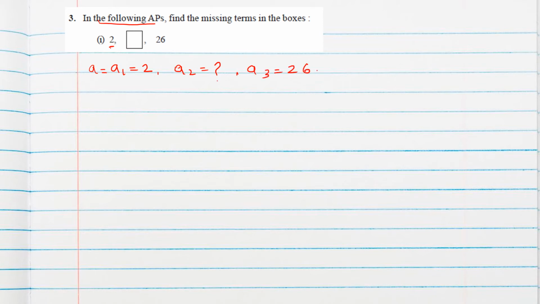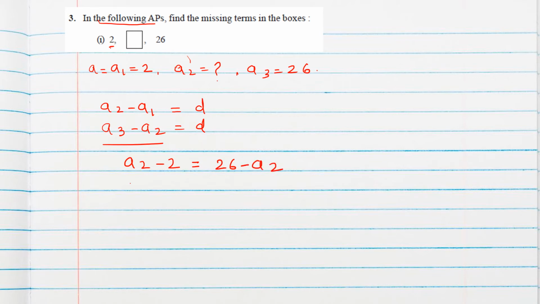Since we know A2 minus A1 is the difference, and A3 minus A2 is also the difference, isn't it? Since it is an AP, the difference will be the same. Got it? So here A2 is not given. So A2 minus 2 we can write as A3 minus A2, that is 26 minus A2.